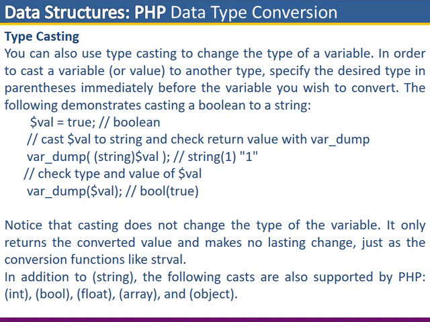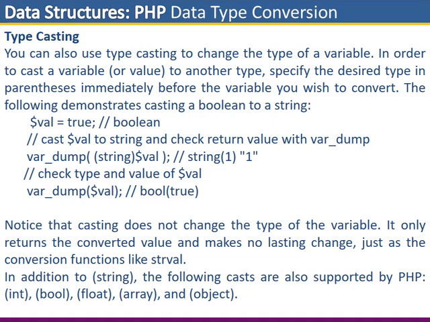We have to take note that casting does not change the type of the variable. It only returns the converted value and makes no lasting change, just as the conversion function like strval that we have explained before this one.